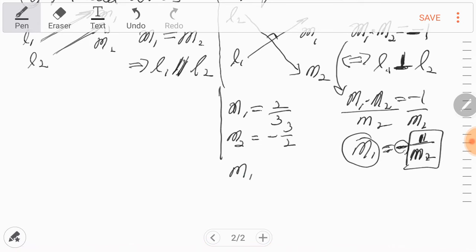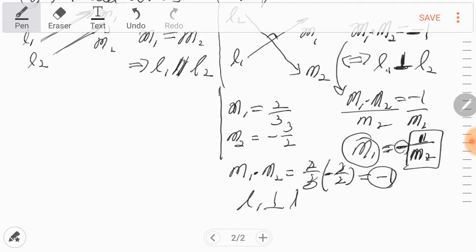Let's multiply the two slopes, then this is equal to -1. Since the product of the two slopes is -1, the two lines are perpendicular.